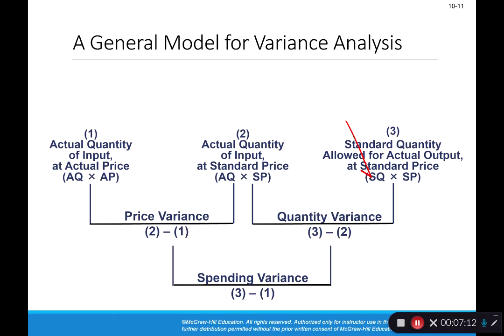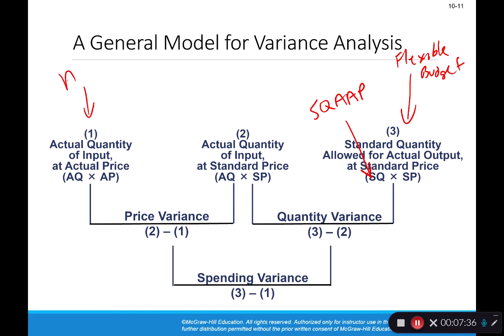This SQ I call SQAAP, which stands for standard quantity allowed for actual production. That's the standard quantity allowed per unit times the actual production during the period. This is effectively representing our flexible budget.